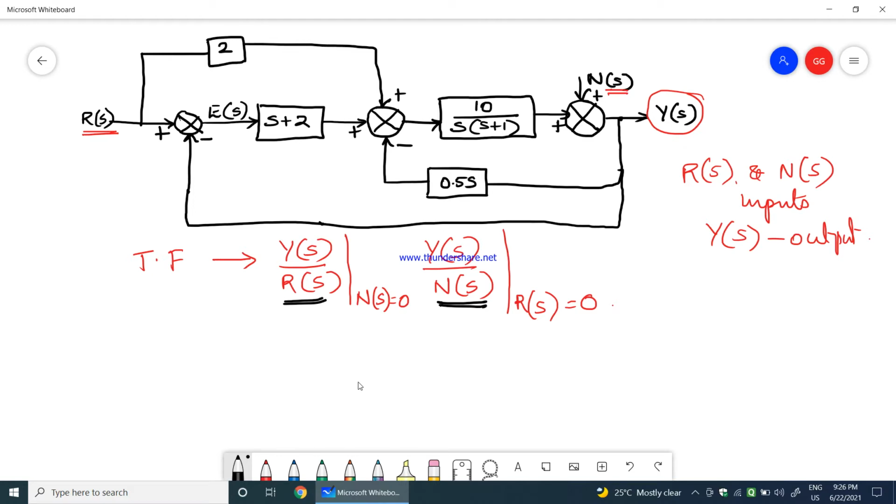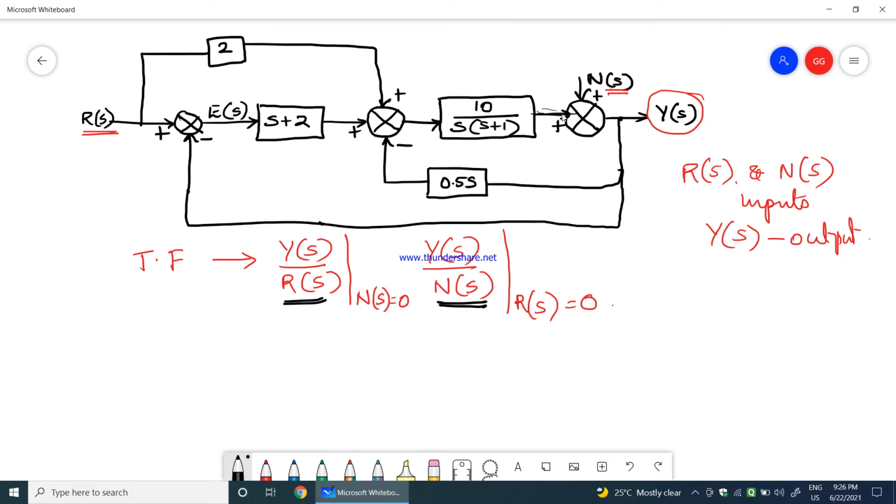If I assume N of S to be equal to 0, the block diagram would be like this. Once N of S is 0, we have only one input for the summing point. Therefore, I can remove this summing point and directly connect this line to this line, because only one input will be there.